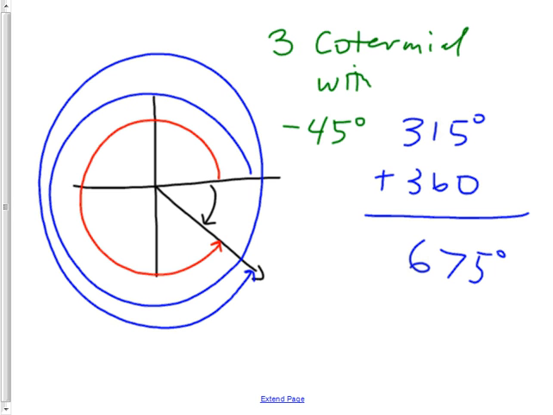So you can always add 360 if you're doing it in degrees. What could you always add if you're doing it in radians? Instead of adding 360, that's like adding what? 2 pi. Very good. 360 is like 2 pi. So you could always take your answer of negative pi over 4 and then add 2 pi to it. Actually, in this case, negative 2 pi, if you want to keep rotating the same way.